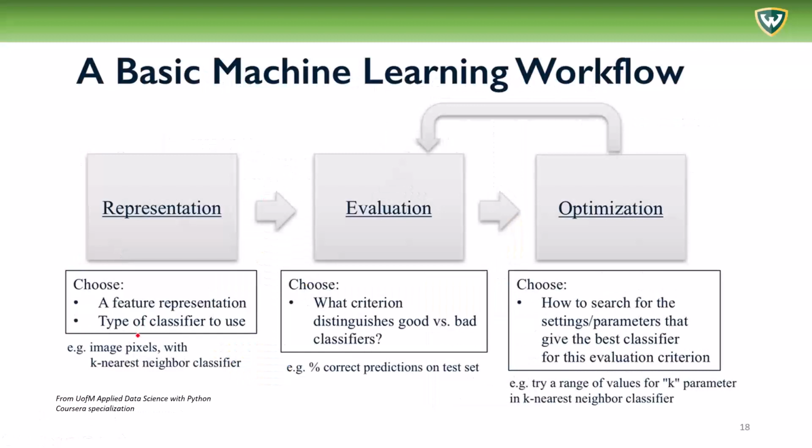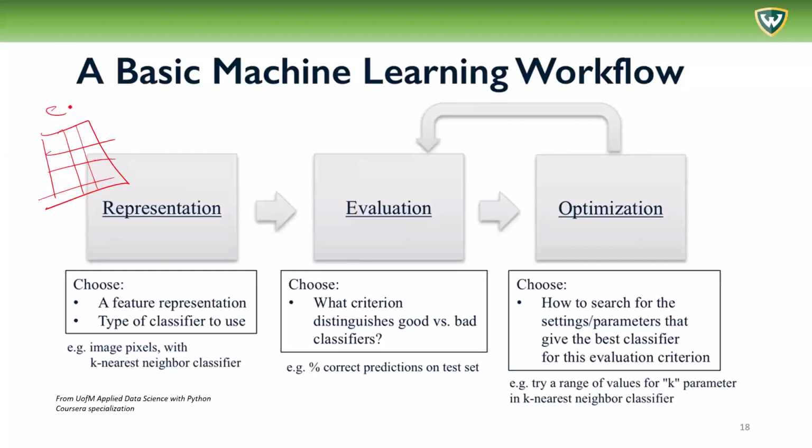Depending on the way we represent the feature, we may need to employ different types of algorithms. So the feature representation is essentially, okay, how is your data, what does your data look like?